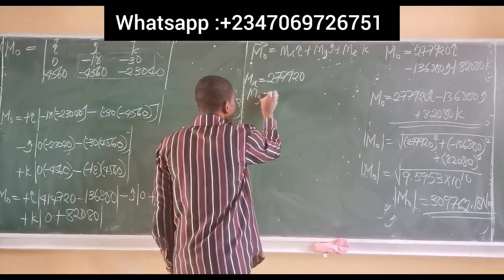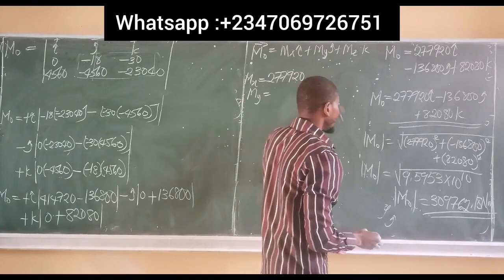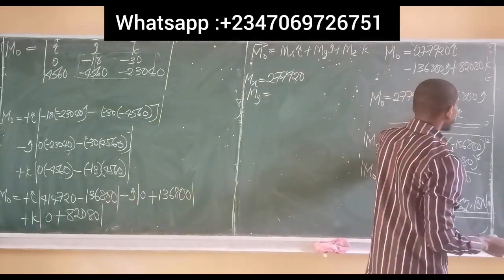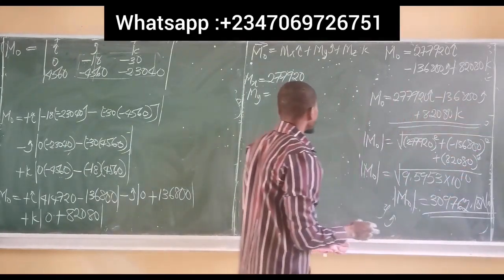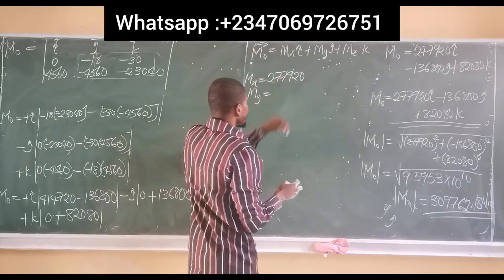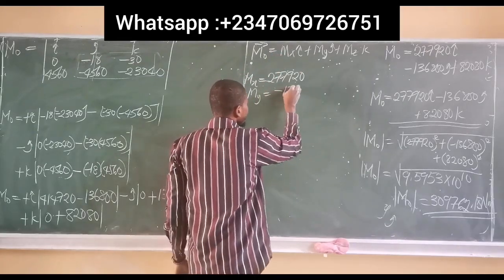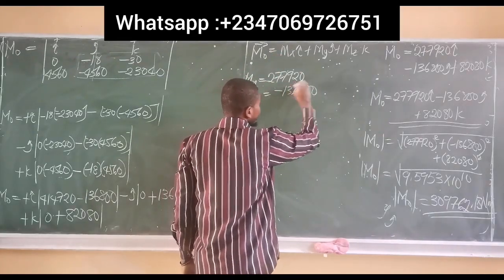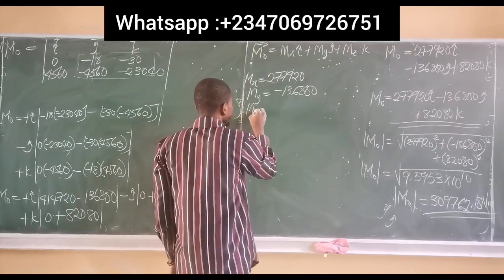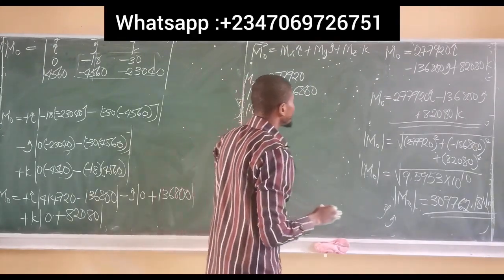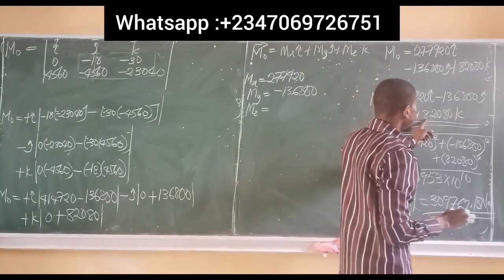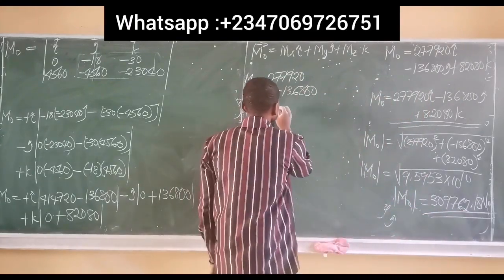Similarly, my, comparing the terms in j, we have minus 136,800 j, so my is minus 136,800. And finally, mz, comparing that of z in the k direction, is 82,080.